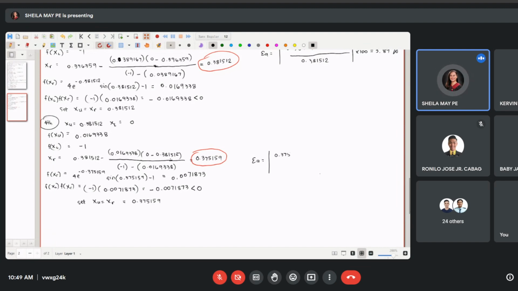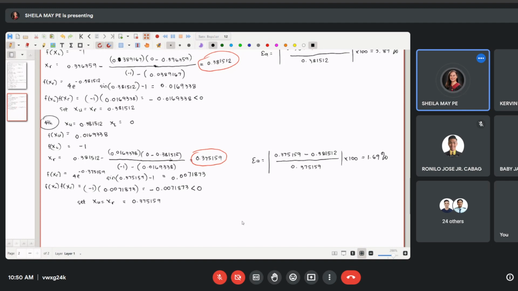The error is 0.381512 minus 0.375159, over 0.375159, multiplied by 100. So that's 1.69%.